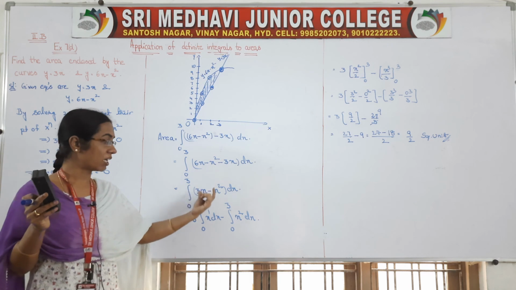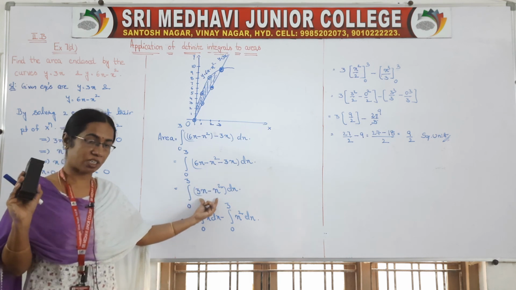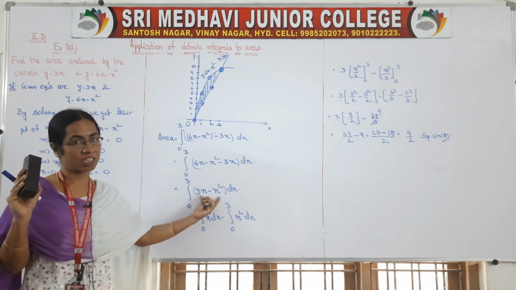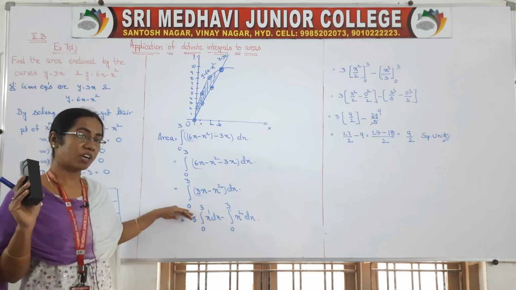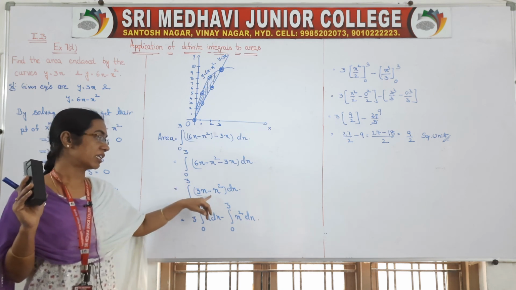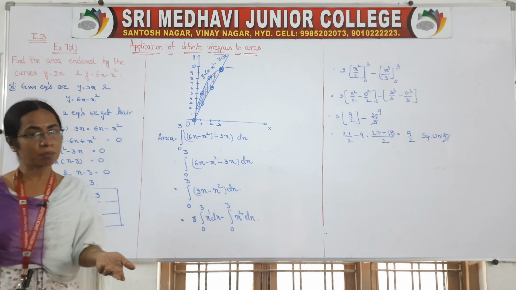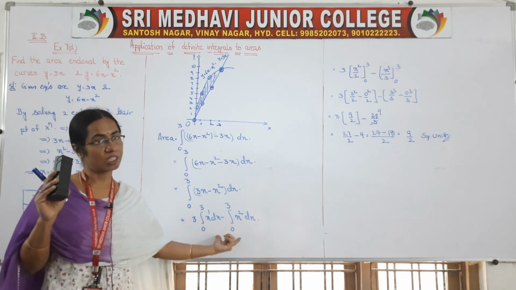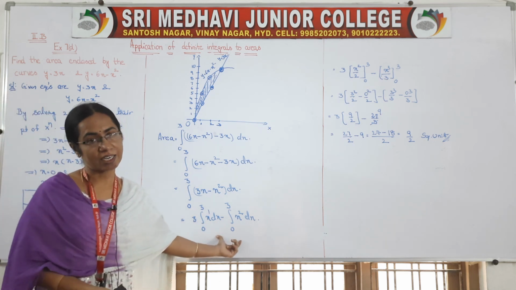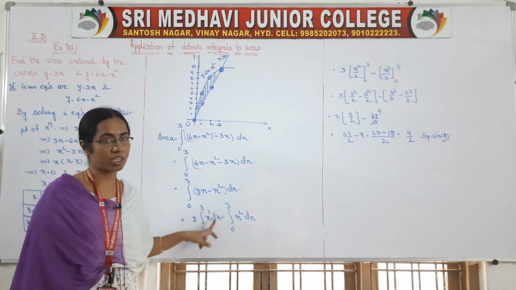Then you simplify, and you will get one normal equation. This is a normal definite integral problem. We are finding the integral from 0 to 3 of 3x minus x square dx. It is a normal problem, just find the integrals by using our standard formula, x to the power of n form.